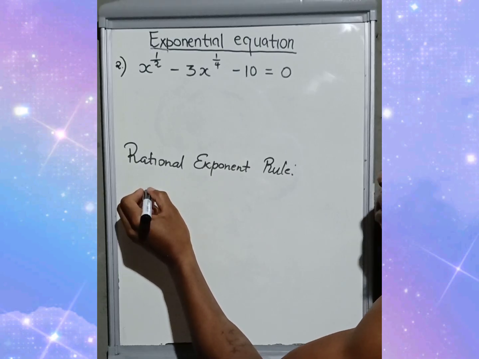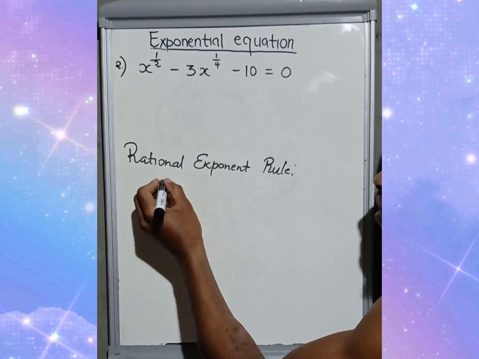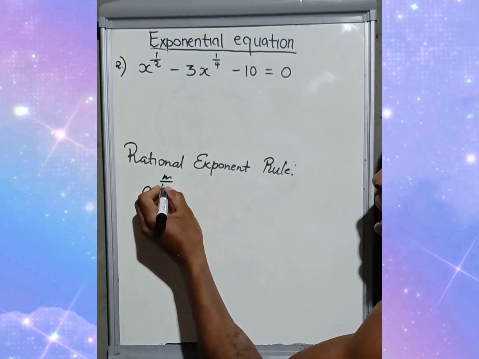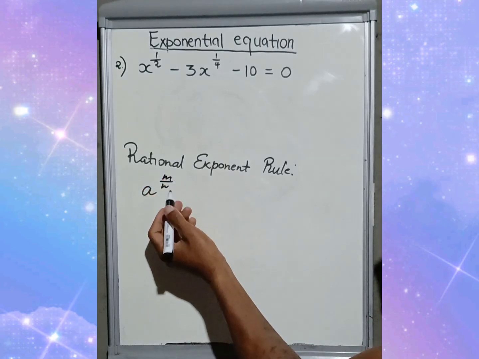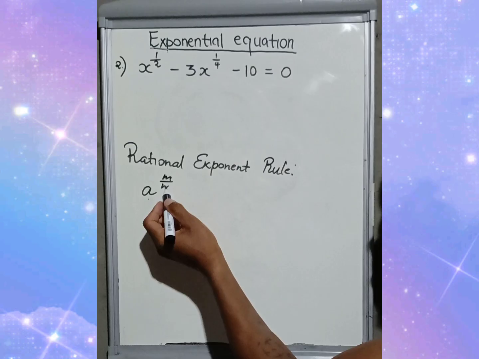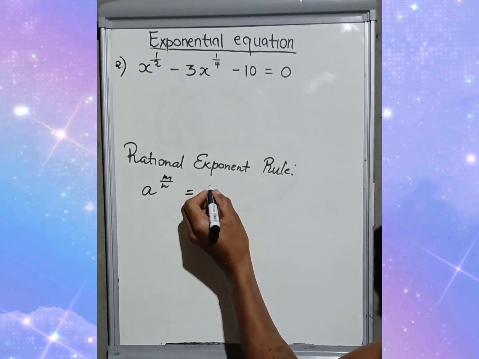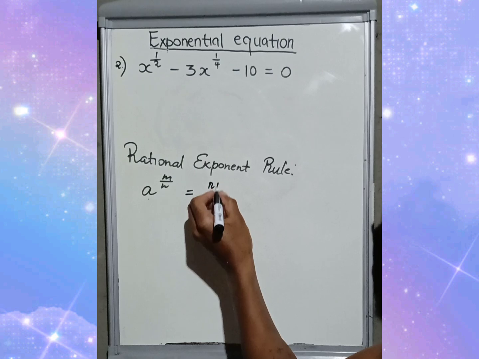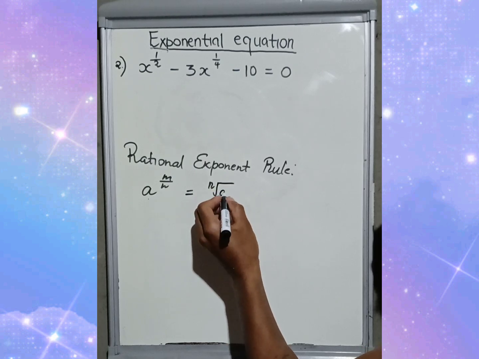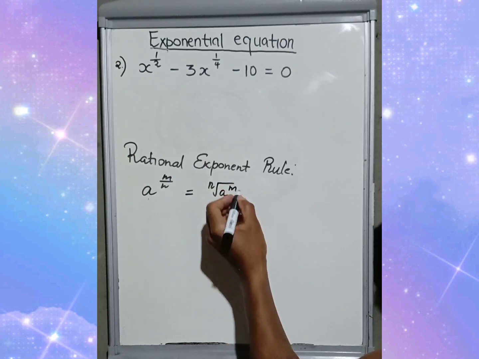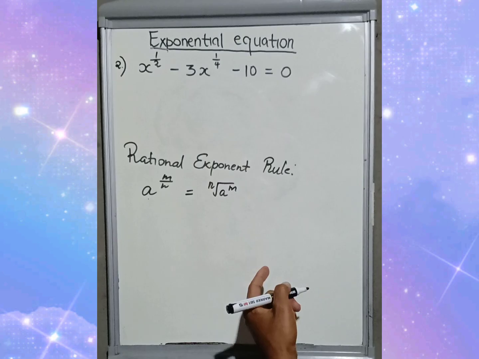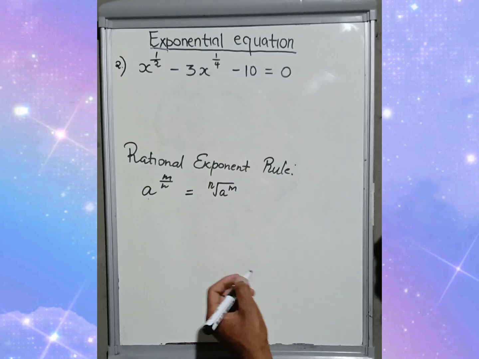For example, if I have m over n, a raised to m over n is the same as the nth root of a raised to m. We call this the rational exponent rule.